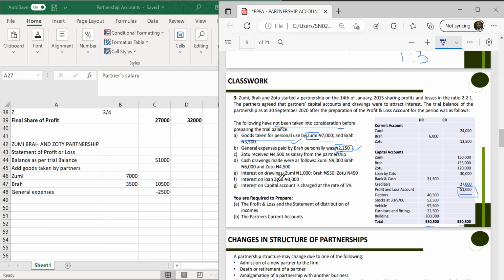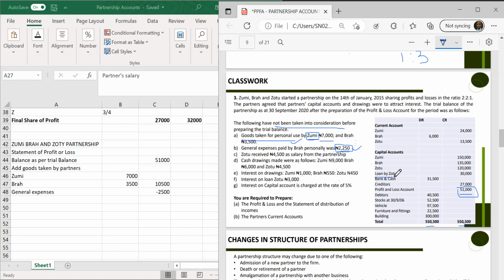Interest on loan that Zotu gave to us. So Zotu gave us a loan and we are paying 3,000 naira. See, loan by Zotu.